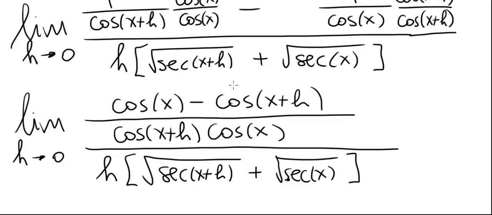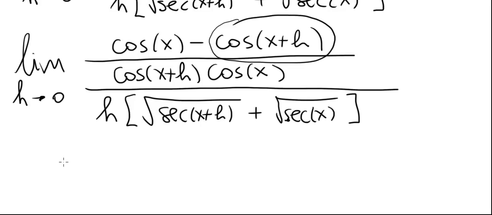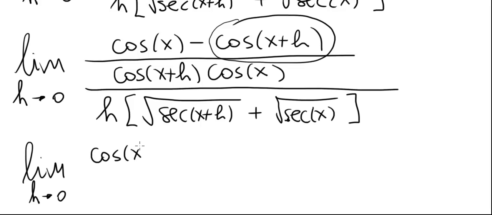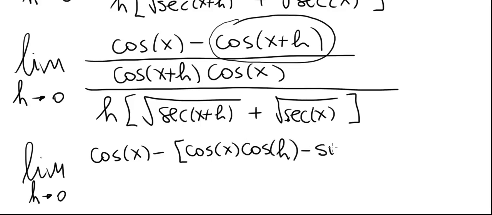Now let's apply the identity to cosine of x plus h. So alpha is x and beta is h. And this is the limit as h approaches 0. We have cosine of x minus the quantity cosine of x times cosine of h minus sine of x times the sine of h.